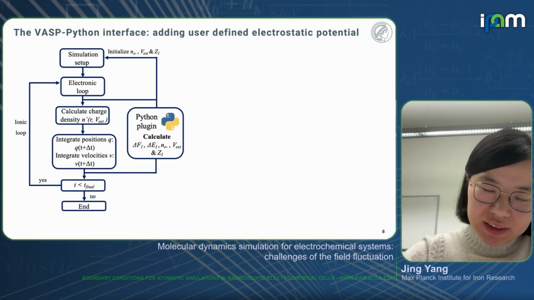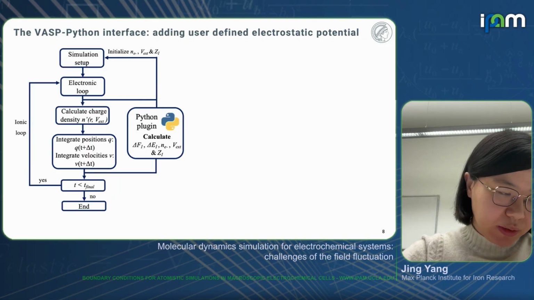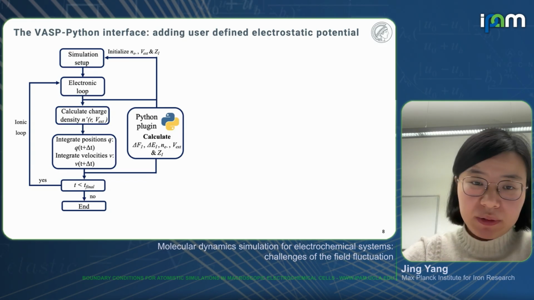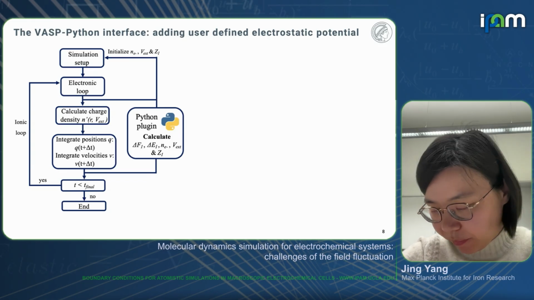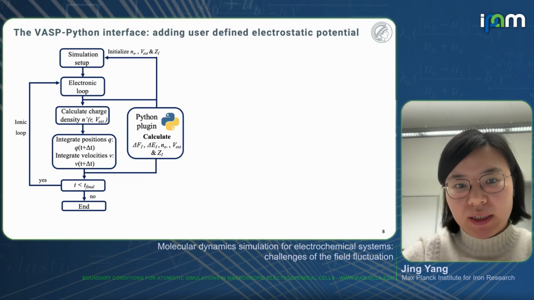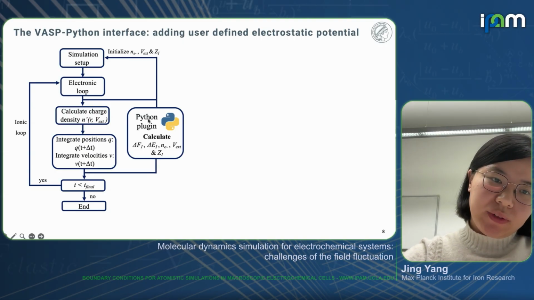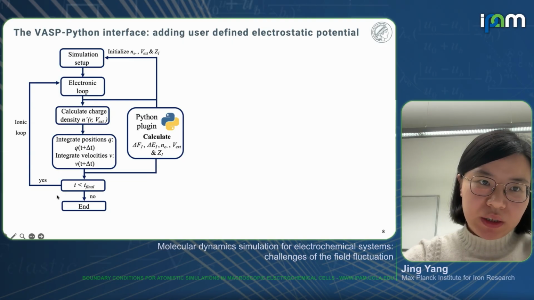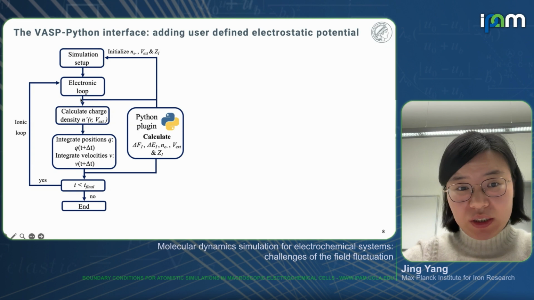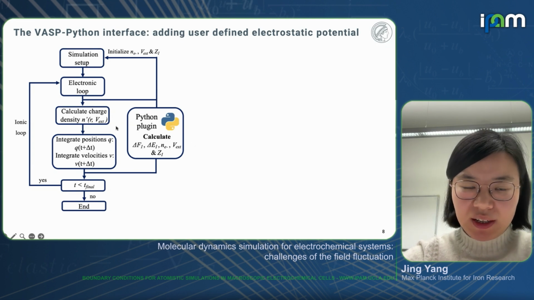So we got into contact with the VASP team. This was motivated by our wanting to extend the implementation of the thermal potentiostat. What they provided is an interface between VASP and Python. The idea is very simple. During a DFT run, VASP will expose some of the physical quantities to a Python plugin.